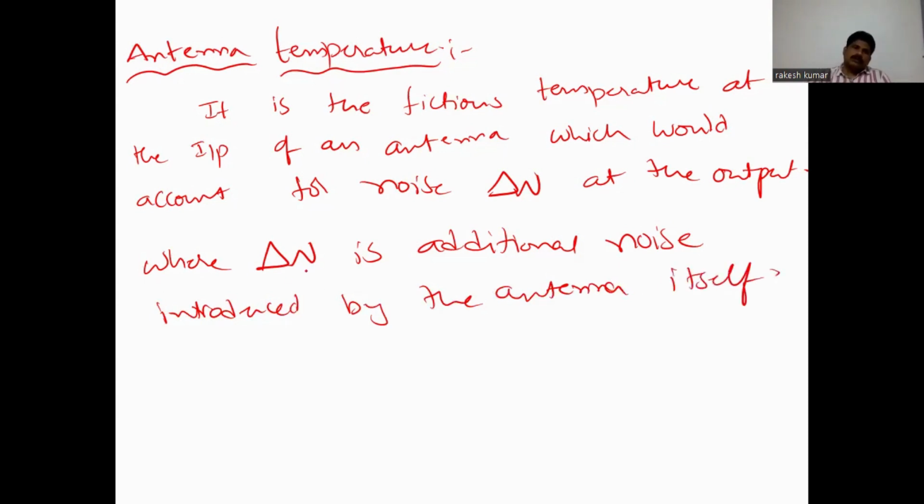So this is the parameter called antenna temperature.